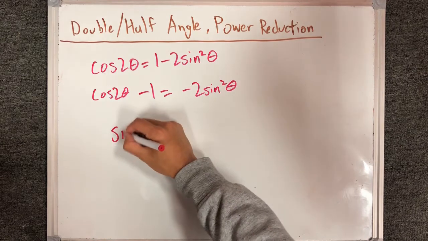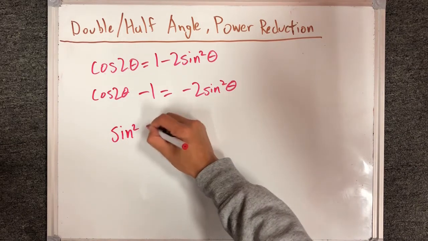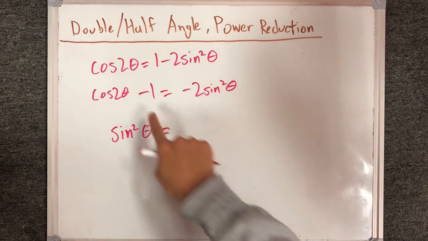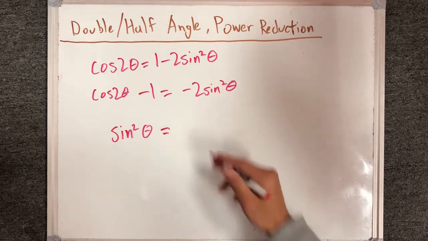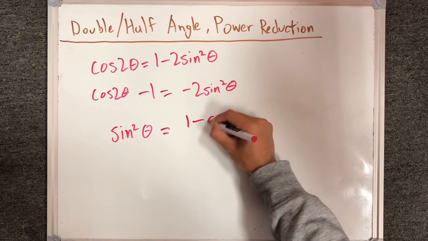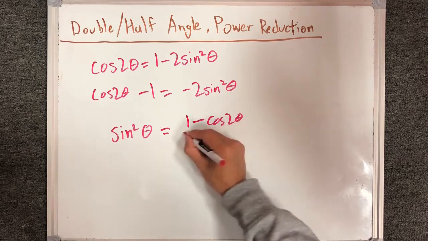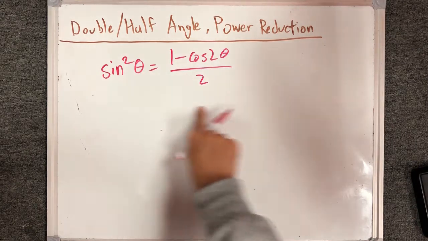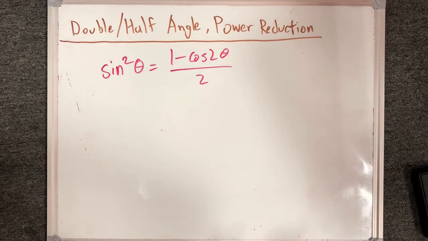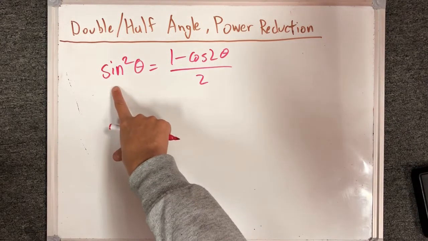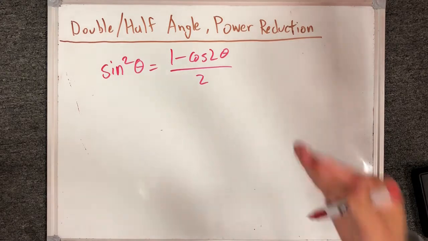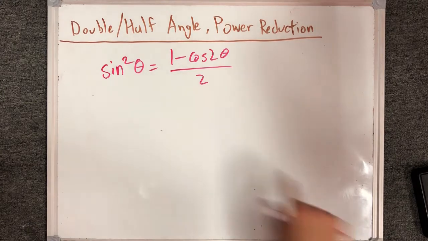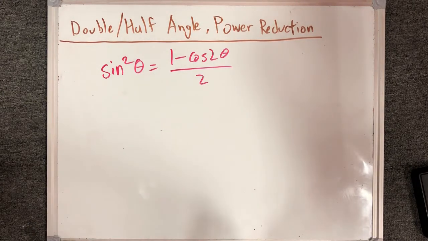So sine squared theta is equal to 1 minus cos 2 theta all over 2. This was the power reduction formula for sine. As you can see, we go from sine squared to cosine. The power has been reduced. Note that we don't have a nice formula to go from sine squared to just sine.